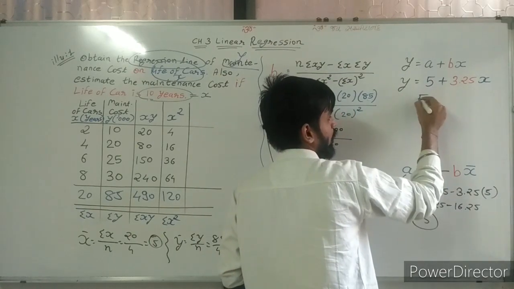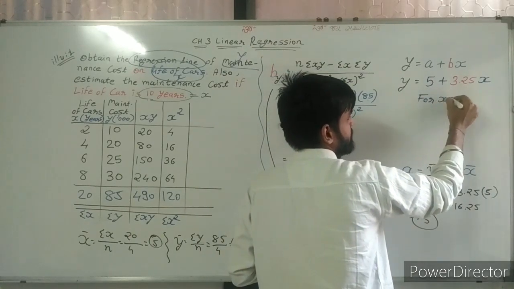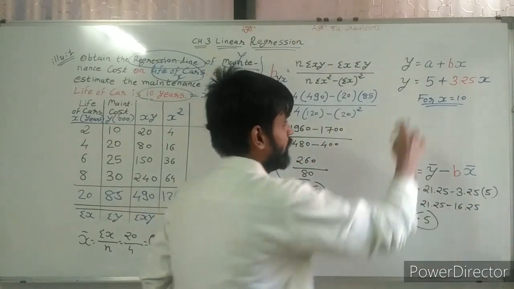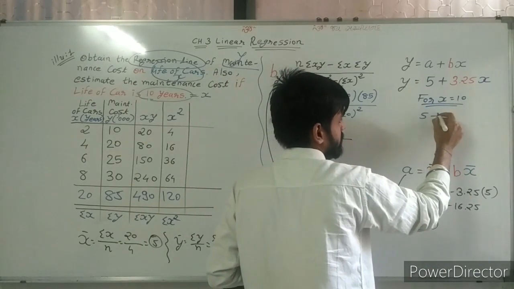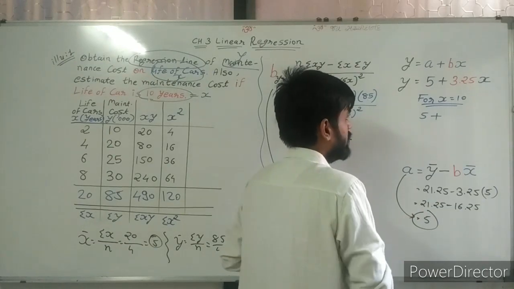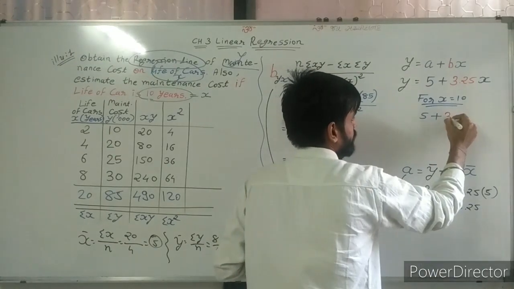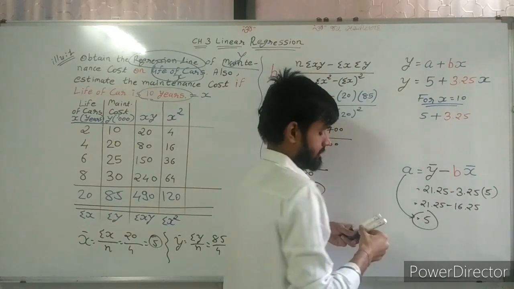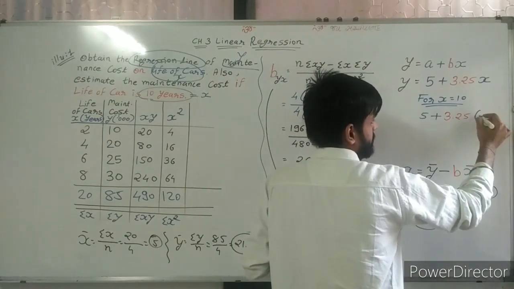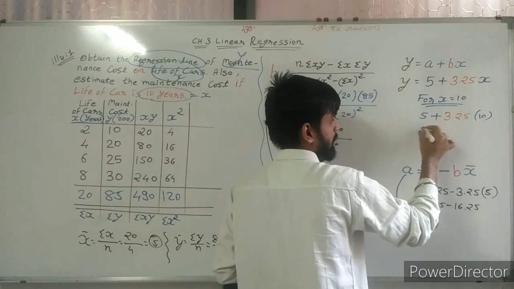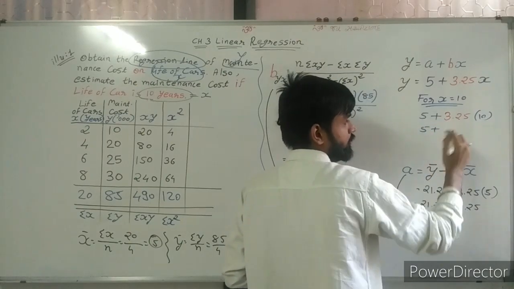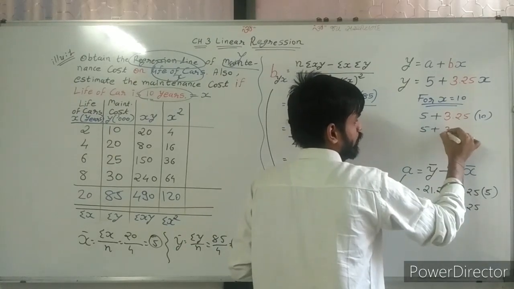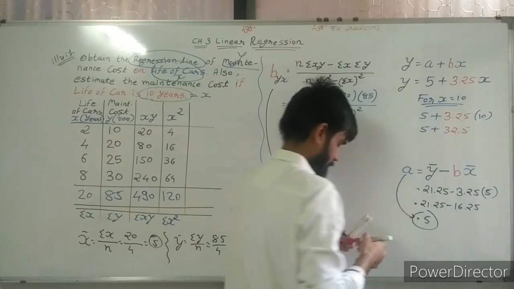So now write for X is equal to 10: 5 as it is plus 3.25, then X, 10. Now 5 as it is, 3.25 into 10. So the answer is 32.5.